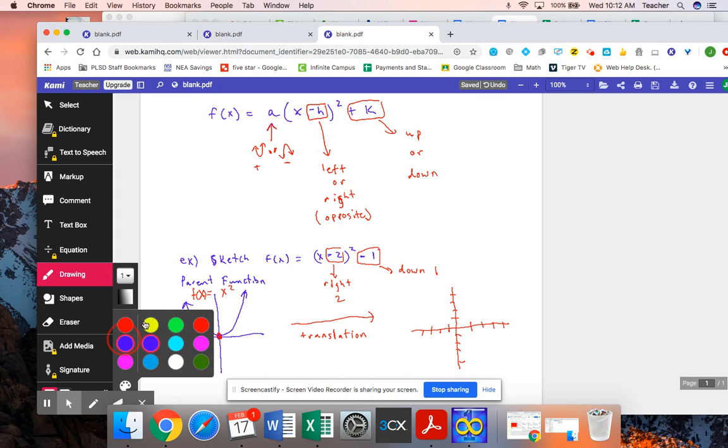But because of my translations, I'm going to move to the right 2 and then go down 1. That's where my new location of my vertex is. So I translated it by moving to the right. Remember, it's the opposite of what's on the inside, and then down 1 on the outside. And from there, just as a sketch, I can just kind of still go up. And I know I should go up because this thing right here is positive.